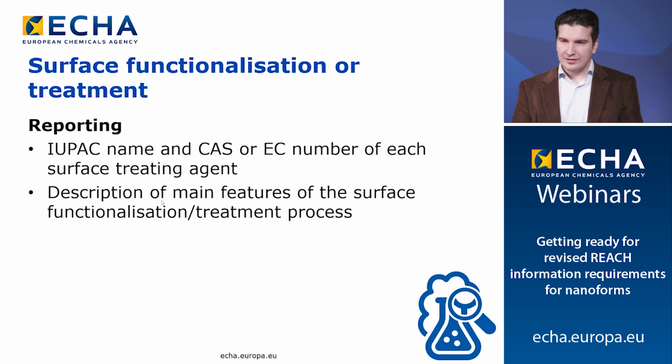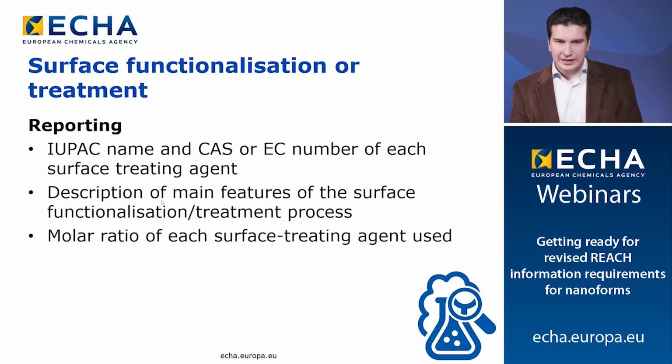In addition to that, you need to give us a description of the main features of your surface treatment process. So this could include things like giving information about what type of reaction is occurring, for example, a hydrolysis reaction, and giving information about the process parameters that are relevant.